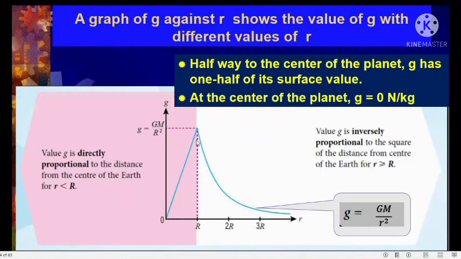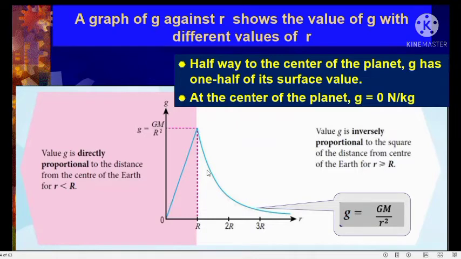And then when the distance between centers increases to 2R and 3R, we can see the value of g drops, or decreases. So we can say from this graph that g is inversely proportional to R squared. This is the graph based on the formula.